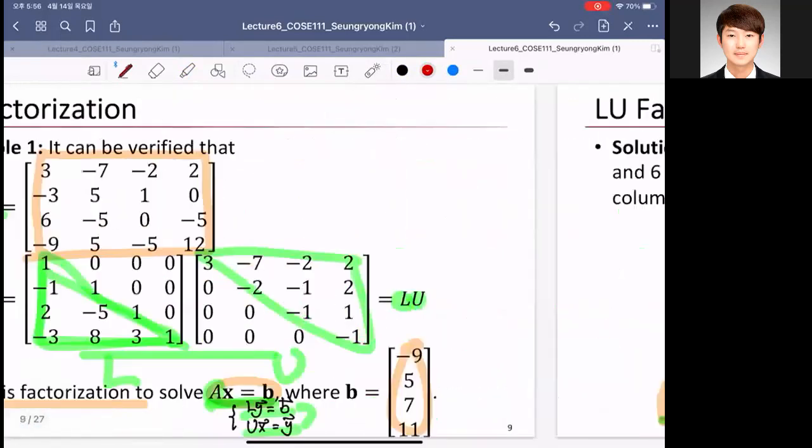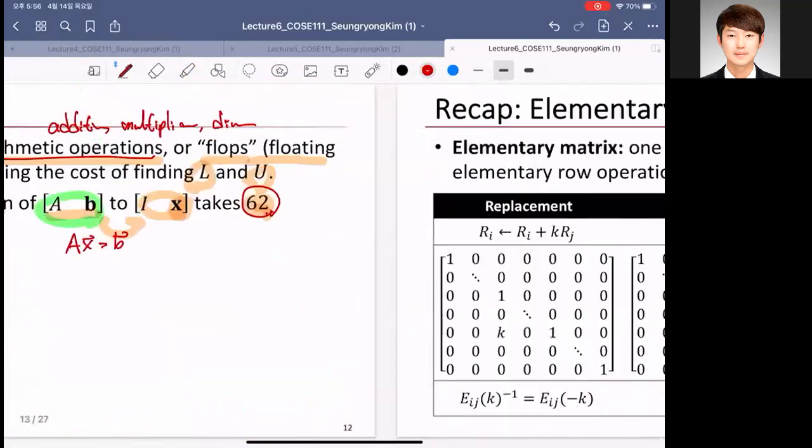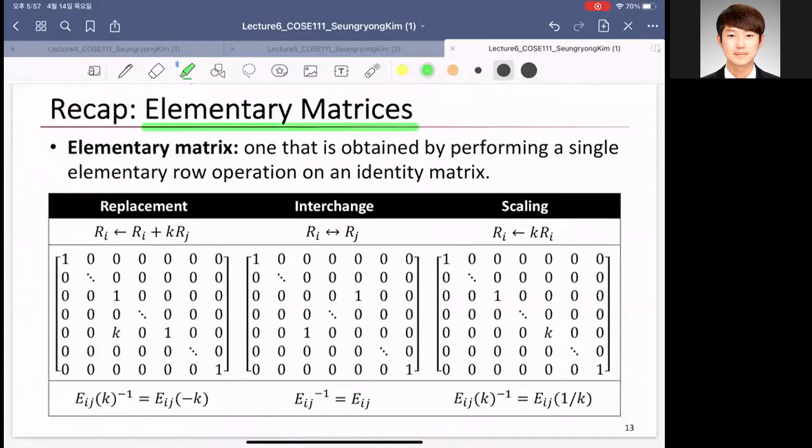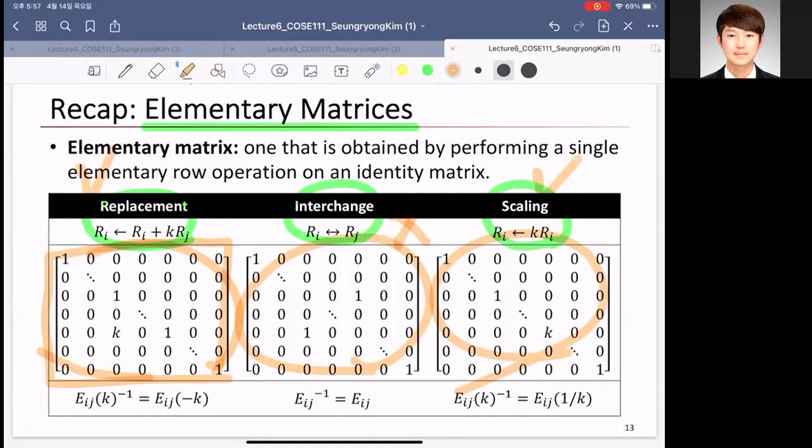So to understand this, we have to go back to elementary matrices. We already discussed this one in the previous lecture, right? There were three kinds: replacement, interchange, and scaling, and we discussed the representative matrix E form here. And one of the assumptions is that in LU factorization, we did not consider the interchange. So we just assume that we don't need the interchange, only replacement and scaling.